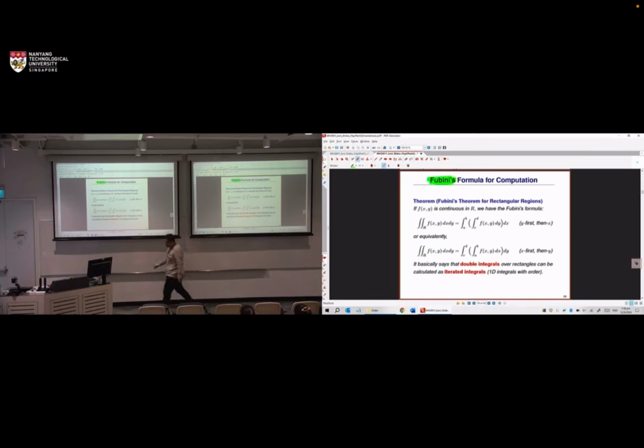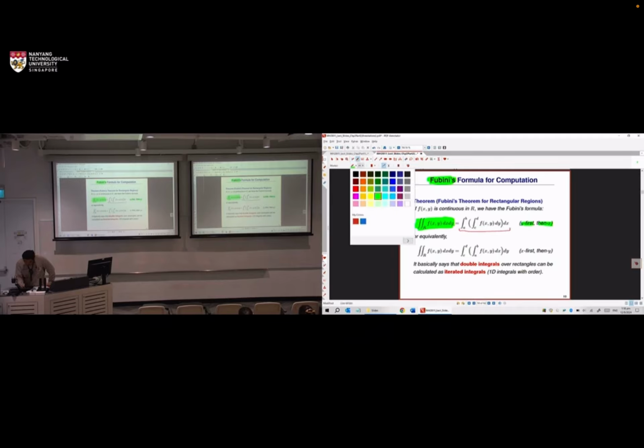If you're interested in this double integration, you do y first, then x, like this. Or you do x first, then y, like this. Both will give you the same answer.